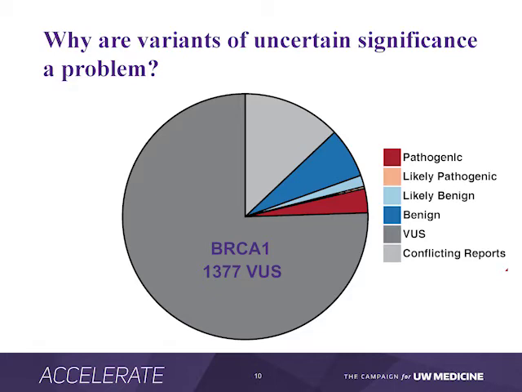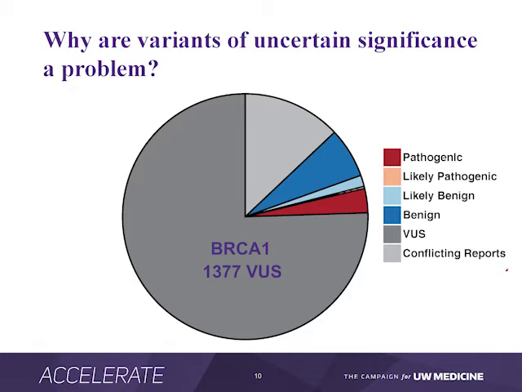If you know you have a pathogenic mutation, there are steps that can be taken to prevent breast or ovarian cancer, but they're life-changing: a double mastectomy, oophorectomy, immediate menopause. You don't want to make a mistake with one of these variants. You want to know if it really causes disease or if it really doesn't.